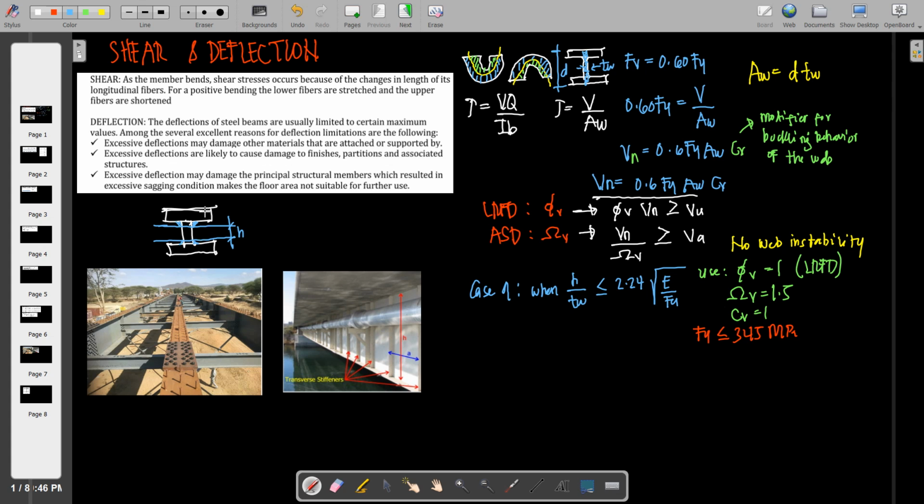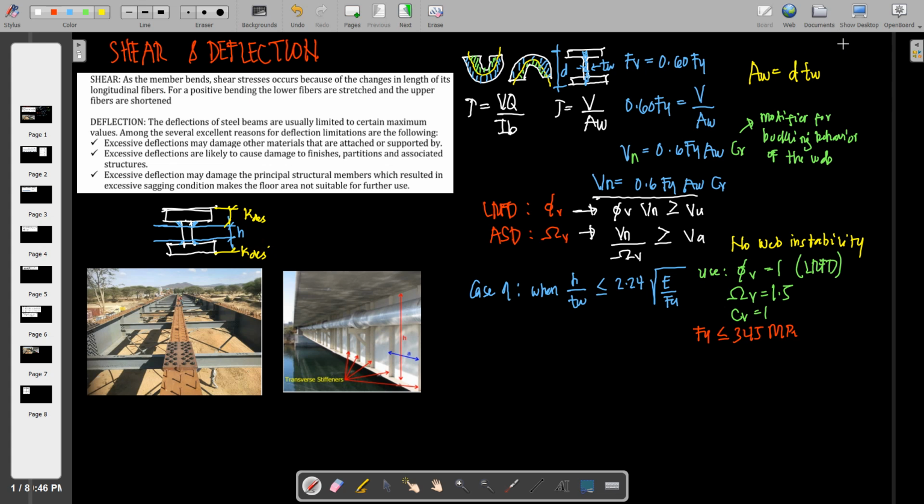Okay? Normally, H is computed by subtracting the overall depth to this dimension. So this dimension is actually K. In the table, this is normally K design. So that is normally K design.